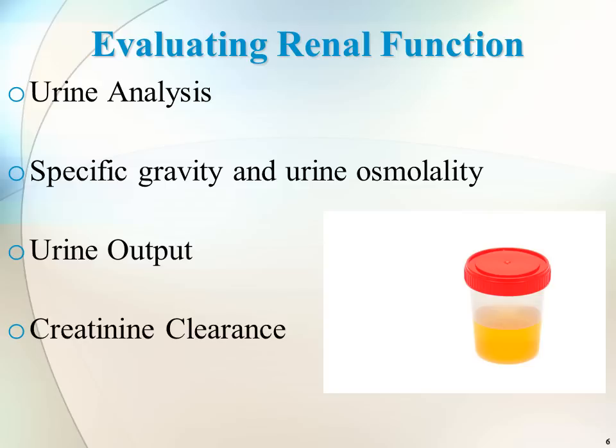In serum osmolality, sodium is the major player. So it's the concentration of sodium in the blood. In urine osmolality, it is the concentration of urea. And you'll remember that urea is the end product of protein metabolism.